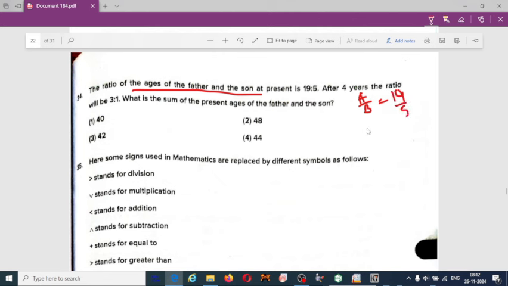After 4 years, if you take A plus 4 by B plus 4 is equal to 3:1. So let us take this as equation 1 and this as equation 2. If you equate these two equations, you will find the value of A, father age, and B, son age. Okay.